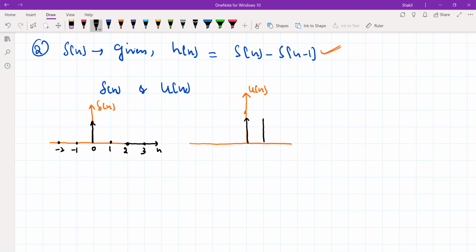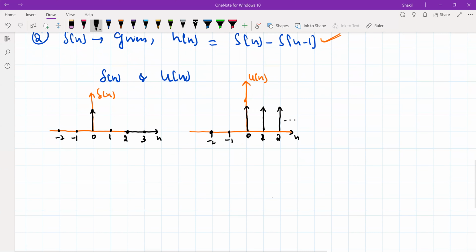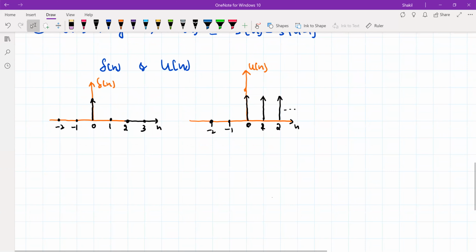This is 1, this is 1, and so on. So this is 0, 1, 2, and so on. And this is n, this is -1, this is -2. So for negative values u of n is 0. So these are the two sequences, u of n and delta n.